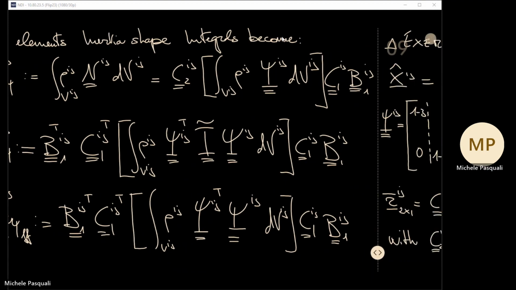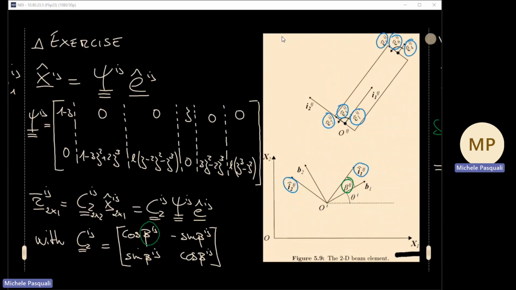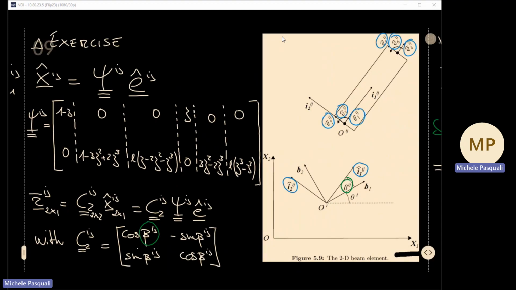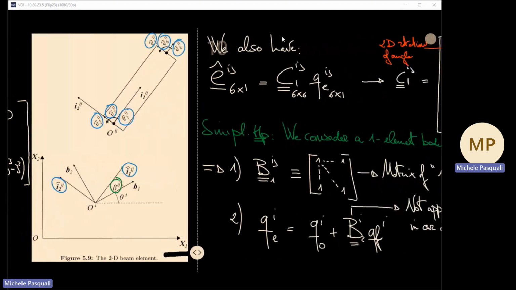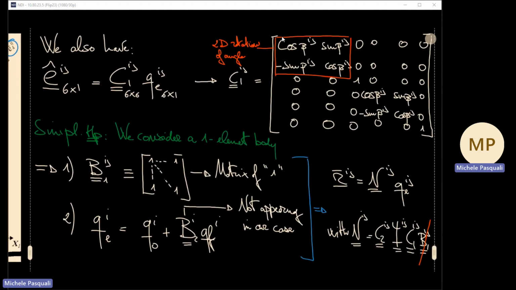And so we basically arrived at the point of describing the shape functions of the element with reference to the C1 and C2 matrices. Then eventually, we were able to define the N matrix, which links the vector of the nodal coordinates of the element expressed with respect to the body frame to the position of a point of the element expressed again with respect to the body frame.